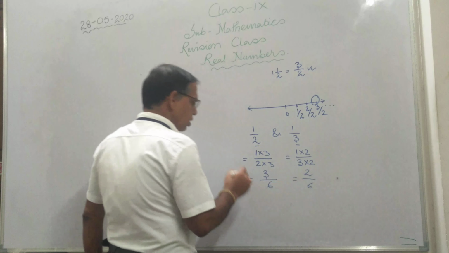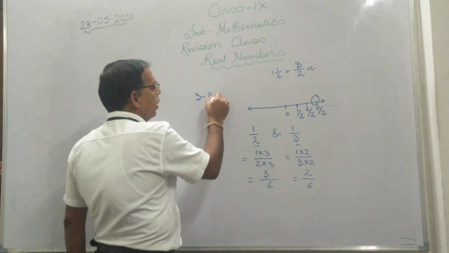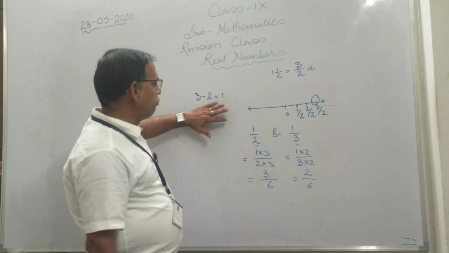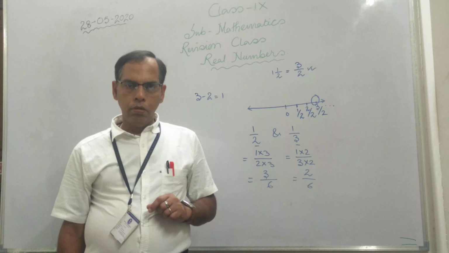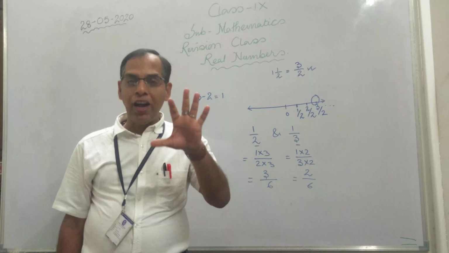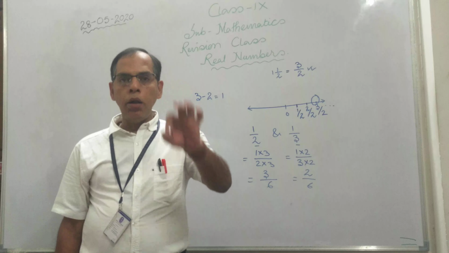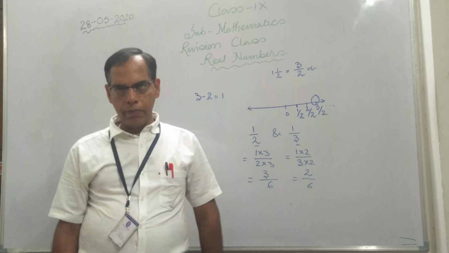What is the difference of the numerators? 3 minus 2, which is 1. So if the difference of the numerators after equalizing is 1 and the required number is 5, then 1 more than the required number, you have to multiply both numerator and denominator.